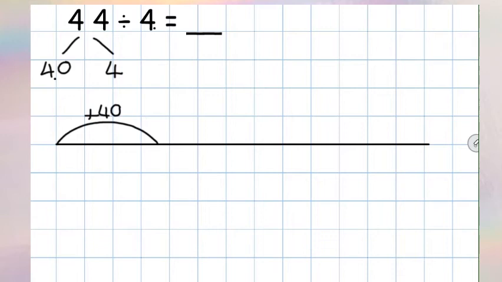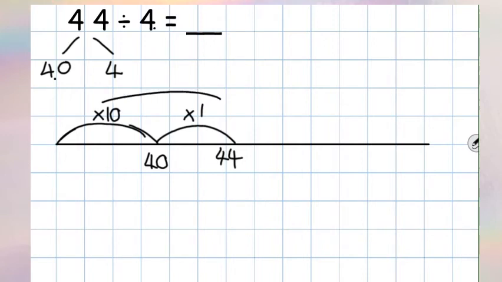Sorry, put that 40 in the wrong place. So we'd make one jump here to the number 40, and that would be 10 lots of 4. And then we would make another jump to 44, and we would work out that 4 is 1 lot of 4, and then we would add those two together to give us 11.